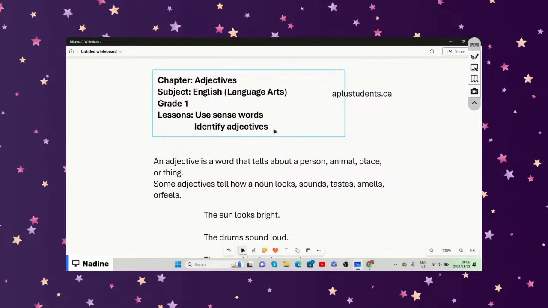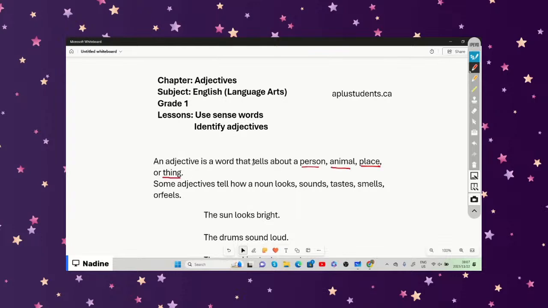So an adjective is a word that tells us about the person, an animal, a place or thing. Some adjectives tell how a noun looks, sounds, tastes, smells, or feels.